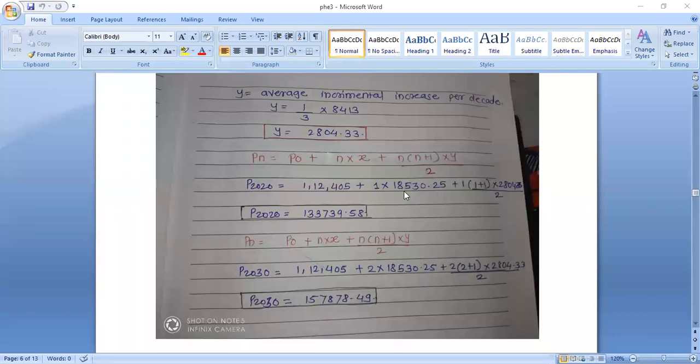The value of x is 18,530.25 plus number of decade is 1, into 1 plus 1, into the value of y. Here the value of y is 2,804.33 divided by 2.